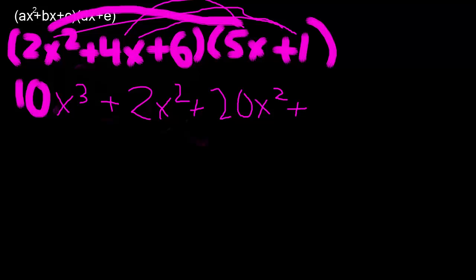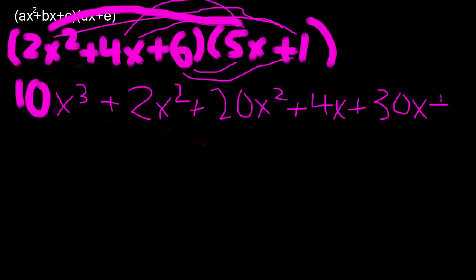Once again, not just bringing down the 4x, multiplying the 4x and the 1 to get 4x. And then finally we got the last ones, 6 and 5x, that'd be 30x. And then last one, 6 and 1, not just bringing down the 6 and 1, multiply this together, you get 6.